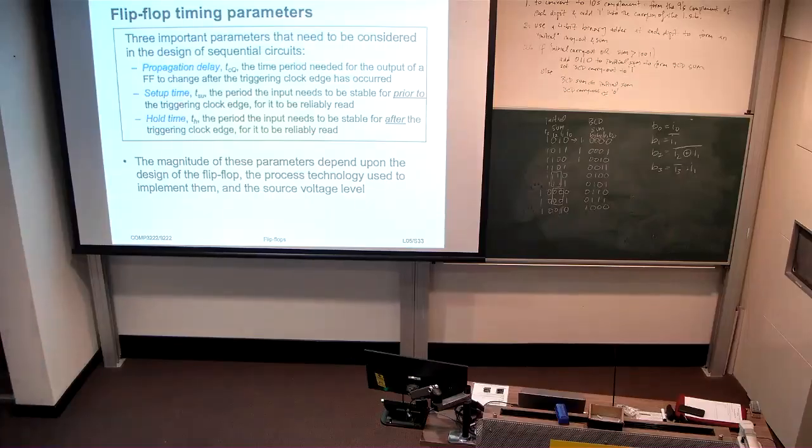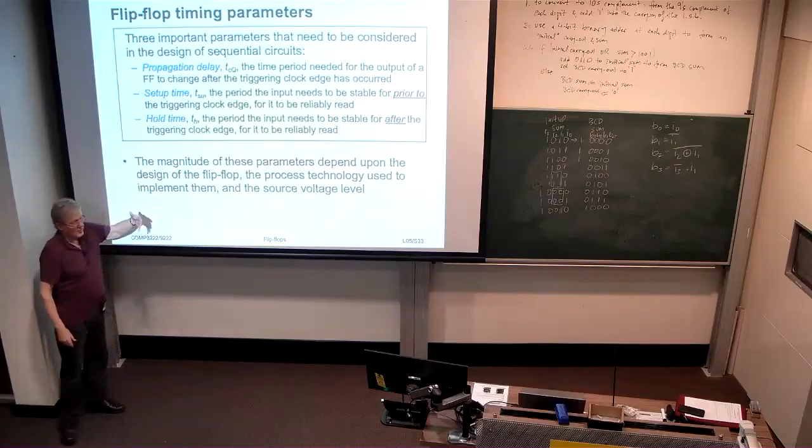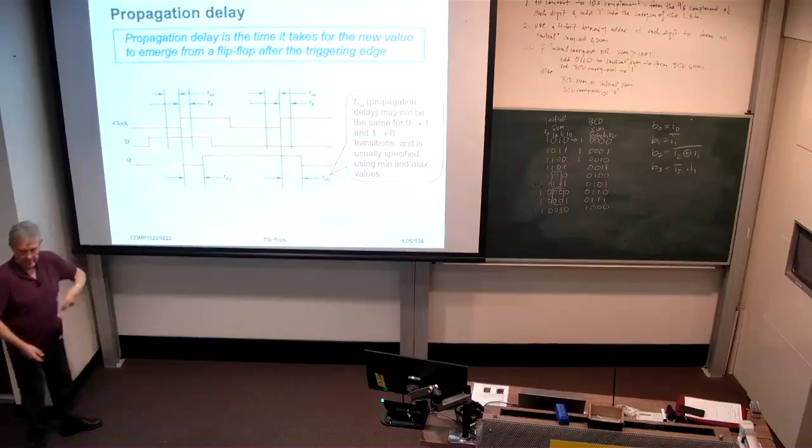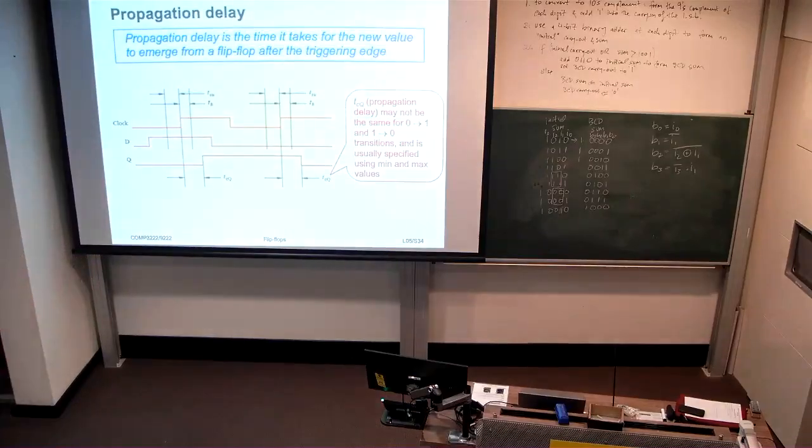Finally, there's the so-called hold time. This is the amount of time that you need to keep the input D constant after the triggering edge. If you don't do that, again, the flip-flop may fail to change state. These parameters vary for different process technologies, different architectures, and different voltages that you're operating the circuits at. But I'll show you what is considered normal.